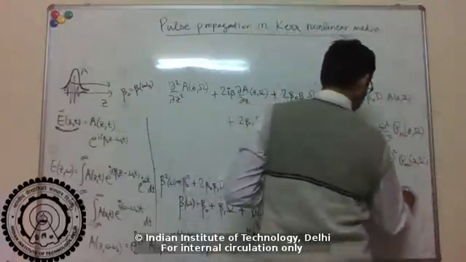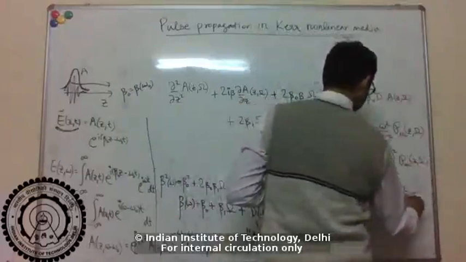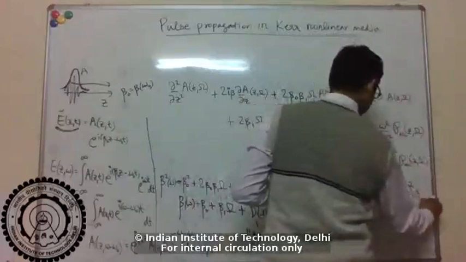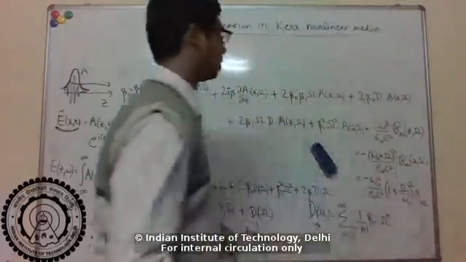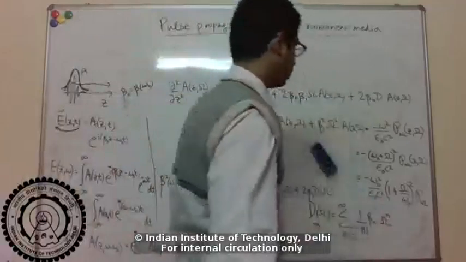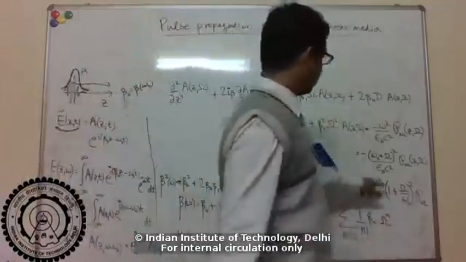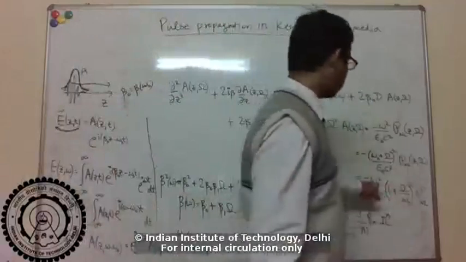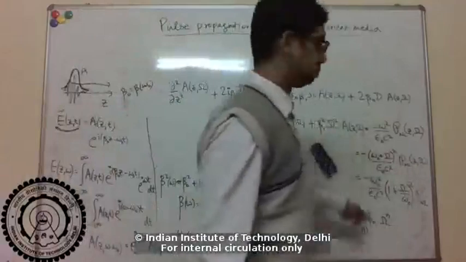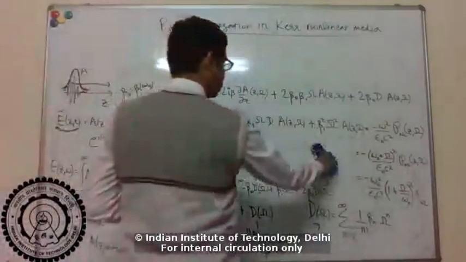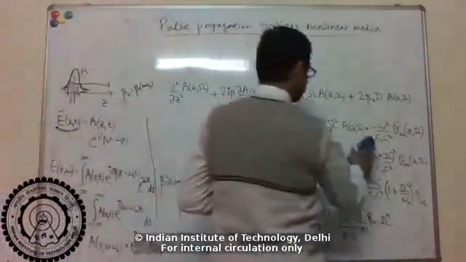And then I get 1 plus this capital omega by omega naught whole square inside. It will become clear in a while why I am writing it like this. But now this function is also only in terms of this capital omega, right? Rest are all constants, omega naught c. Okay, so we are left with this equation.